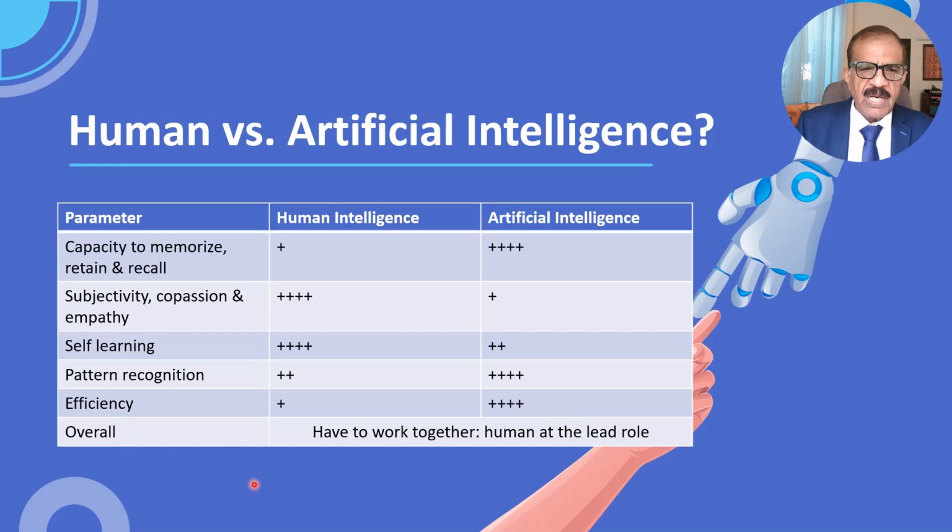Overall, there are some plus features with human intelligence, particularly empathy and compassion. And when it comes to capacity and a large amount of work, the machine wins. So I believe both will have to work together as a team, with humans taking the lead and machines assisting the humans. That way I think we can make the best use of this new technology in healthcare.